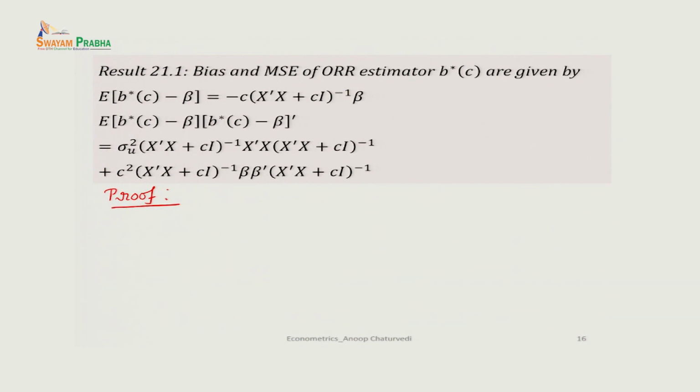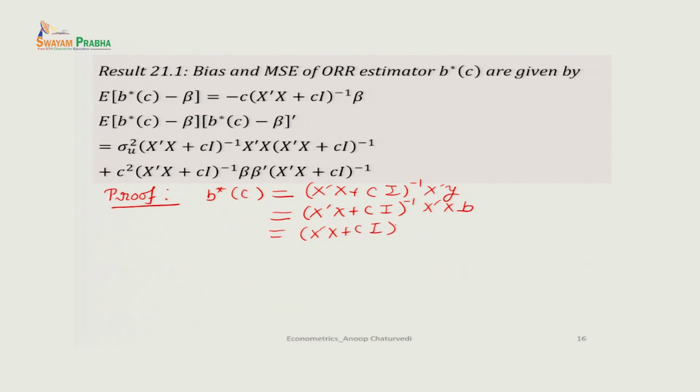So, we observe that B star C is equal to x transpose x plus C I inverse x transpose y, and then you can write it as x transpose x plus C I inverse x transpose x b, and again we write it as x transpose x plus C I inverse x transpose x plus C I minus C I, b.